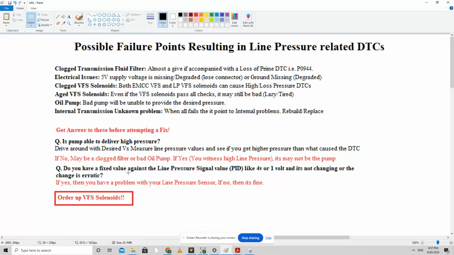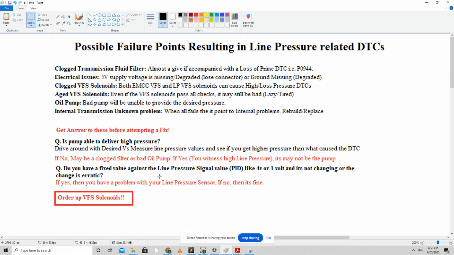I haven't listed it here, but if you want to change the line pressure sensor, before you do that, you should measure the line pressure manually. There's a tap in front of the valve body, underneath it. Put a manual measurement tool in there, measure the value, and compare it with that of the line pressure sensor.